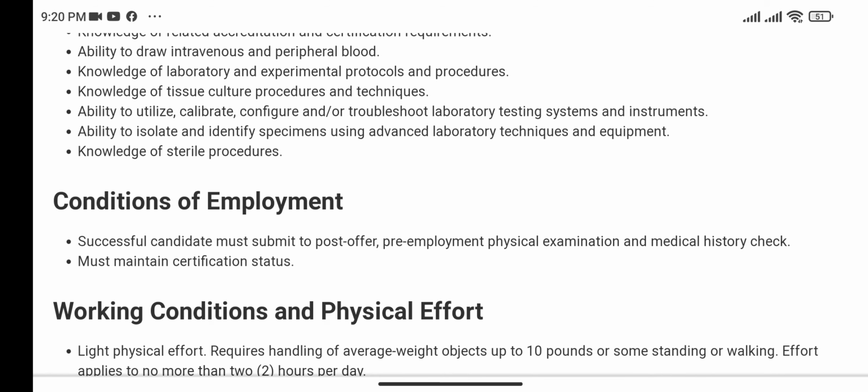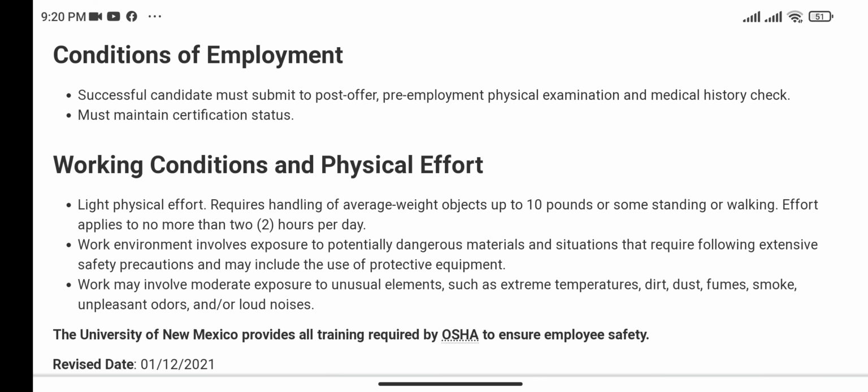Conditions of employment: a successful candidate must submit to a post-offer pre-employment physical examination and medical history checkup. Must maintain certification status. Working conditions and physical effort: light physical effort requires handling of average weight objects up to 10 pounds or some standing or walking.